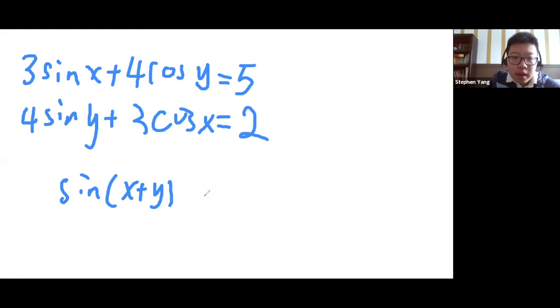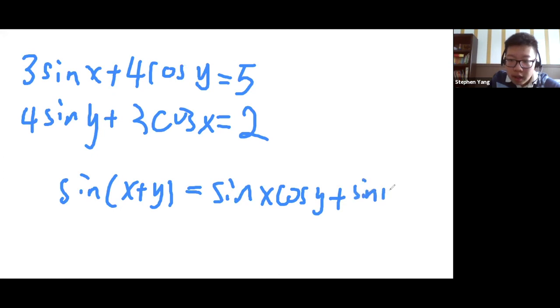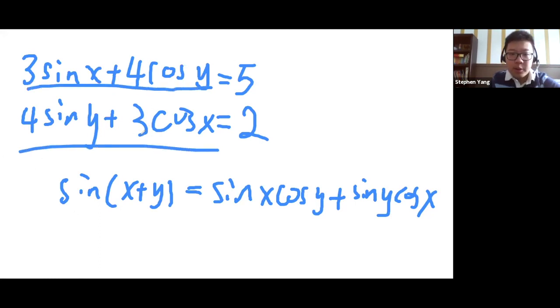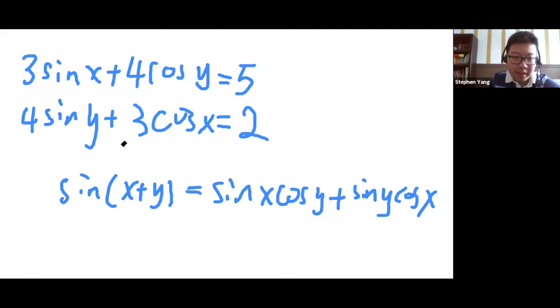So that is equal to sine x cosine y plus sine y cosine x. Now looking at this, you could just square these two and there will be some product, which probably will satisfy here. So let's just square them.